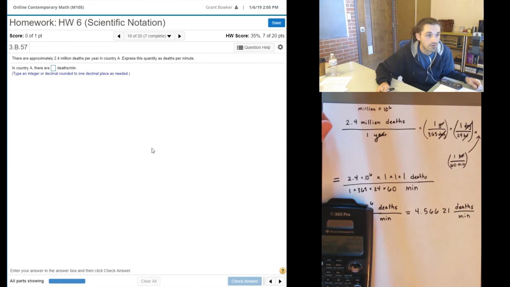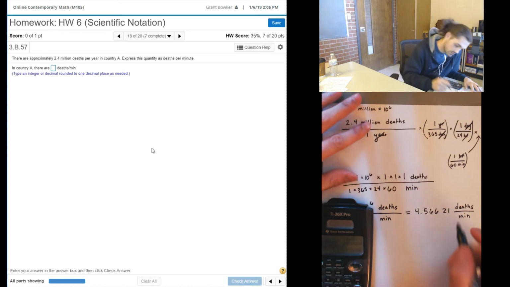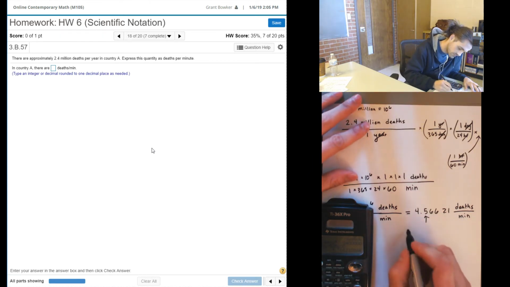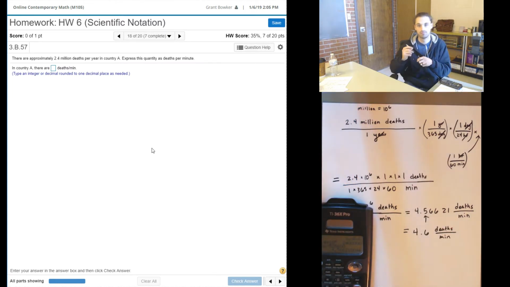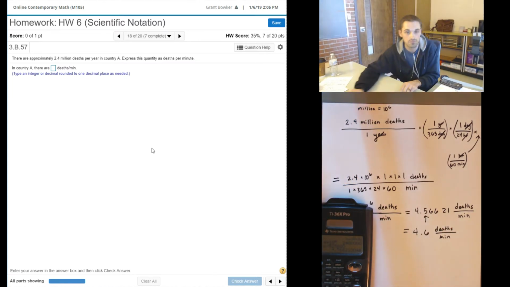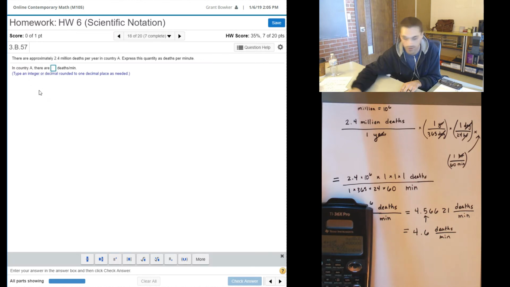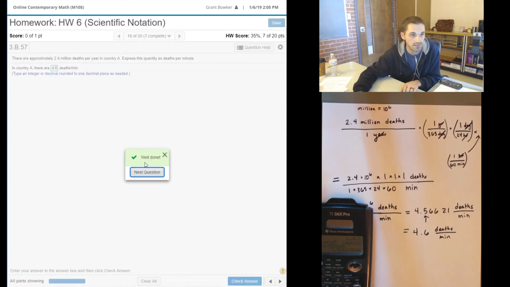Do we have to round to one decimal place as needed? So this becomes 4.6 deaths per minute. Moment of truth, 4.6. Hey-oh, nice. We got one.